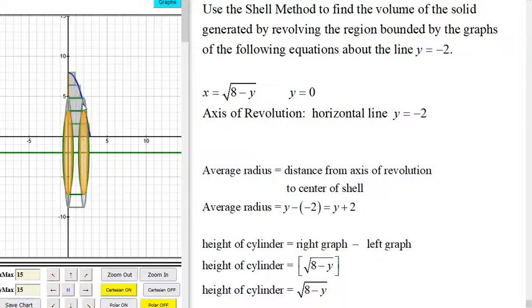And so the square root of 8 minus y is the height of the cylinder, of the shell. And notice that y ranges from y equal to 0 up to y equal to 8. And so for our limits of integration, it would be from 0 to 8.